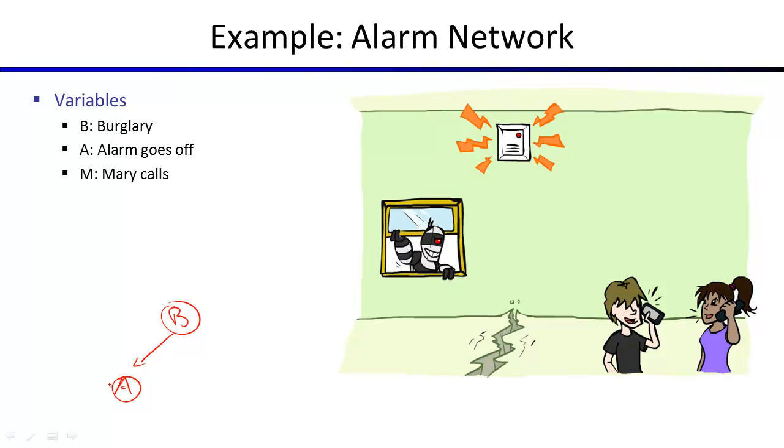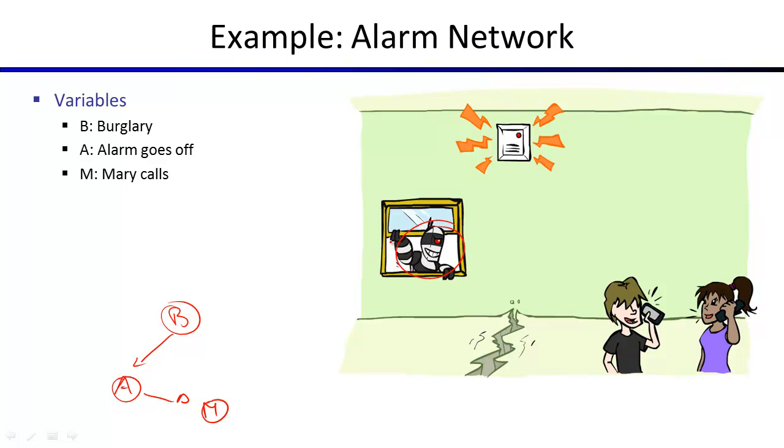Mary calls. The idea here in this model is that Mary is your neighbor, and she might hear your alarm go off, and then she might decide to give you a call to let you know your alarm is going. You should come check this out. So we'll put an arrow over here from alarm to Mary. Could you argue that maybe your neighbor could have seen the burglar, and if somebody like that was coming through the window next door, they might also give you a call?